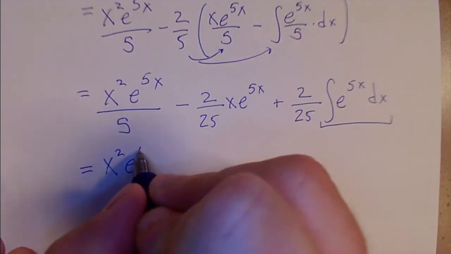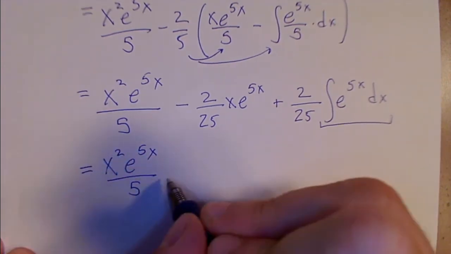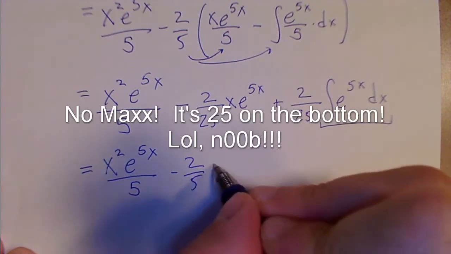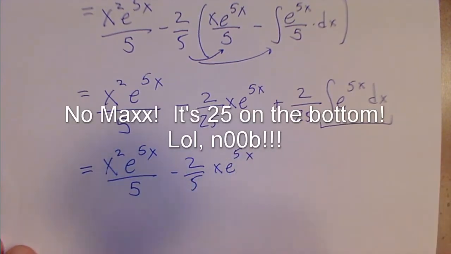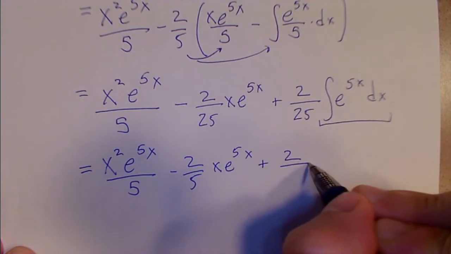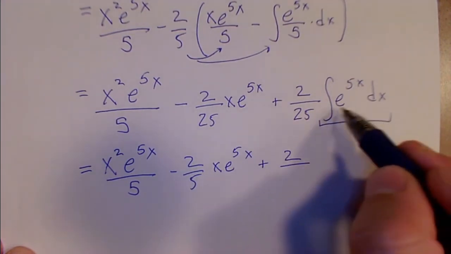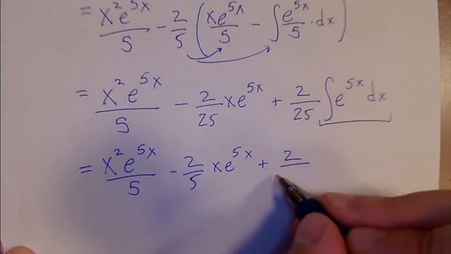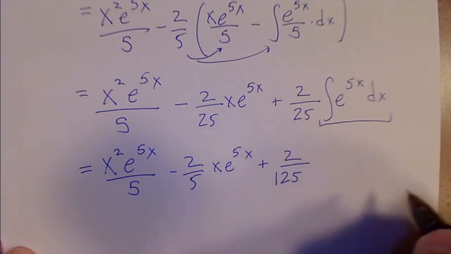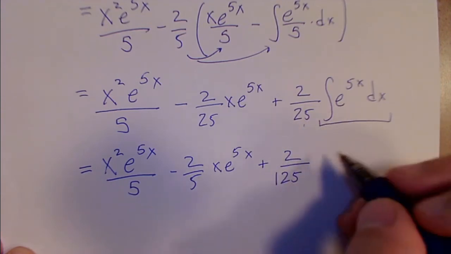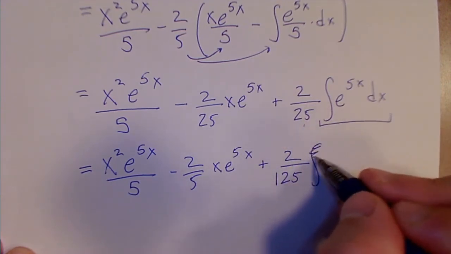So x squared e to the 5x over 5 minus 2/5 x e to the 5x plus 2 over, since there's going to be this over 5 bit right here, 5 times 25 is 125, and I don't need my integral anymore.